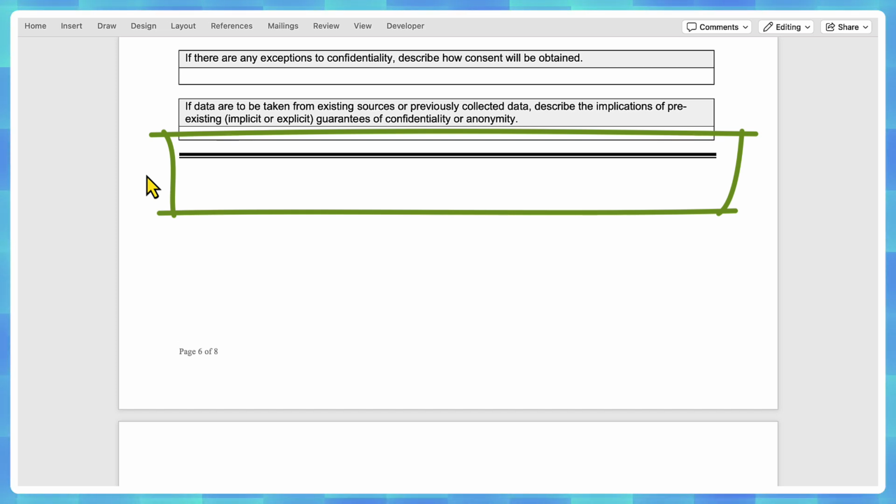So this is in cases where you didn't collect the original data, but the original researcher did have to go through an informed consent process and had to discuss with their participants anonymity and confidentiality, and so you need to sort of outline that. And what we're looking for here is that the data that you have access to is either completely anonymous or anonymized, and if it is not, what sort of steps are you going to take to ensure continued guarantees of confidentiality if there is still some personally identifying information tagged onto that data.